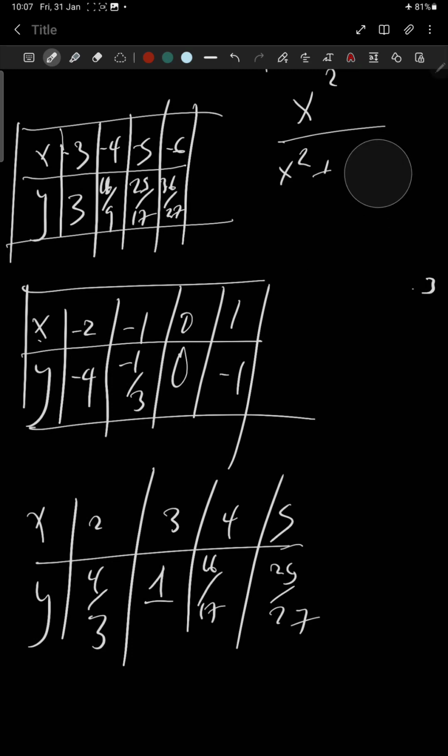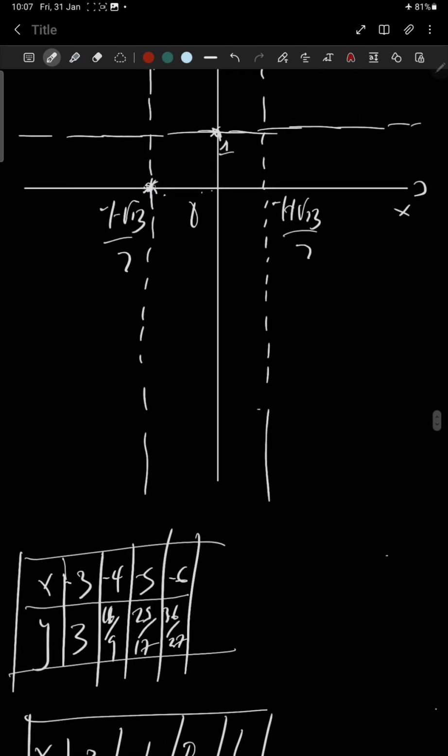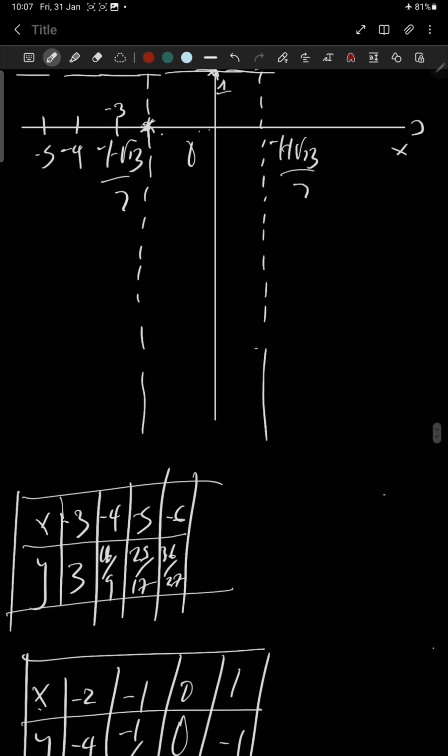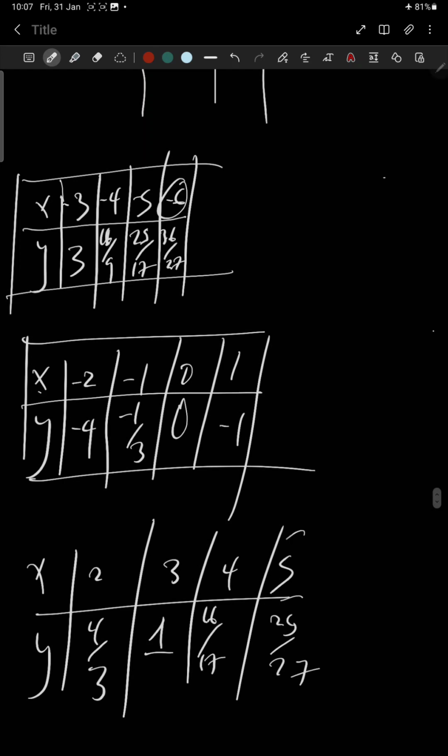All right, so let me start with the first one, negative 3 comma 3. So this is negative 2 point something, right? So I'll say this here is negative 3, negative 4, negative 5, and negative 6. Notice the lowest value of x is negative 6. Then the highest is 5.